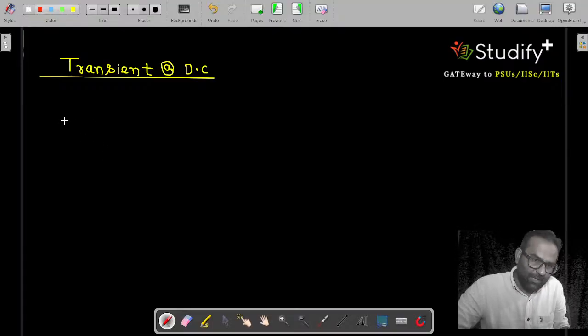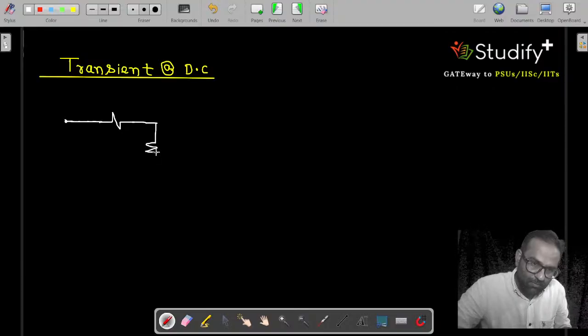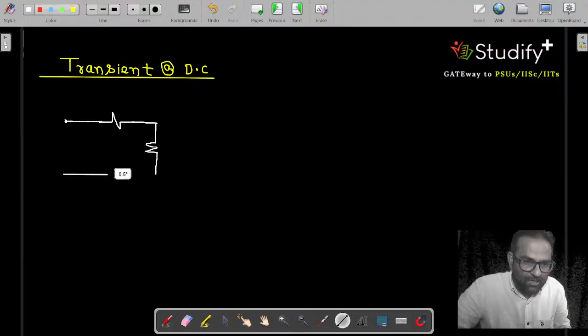Suppose I have a resistor combination, a potential divider circuit. This is our potential divider circuit. Let's say we have one pair of input and one pair of output.